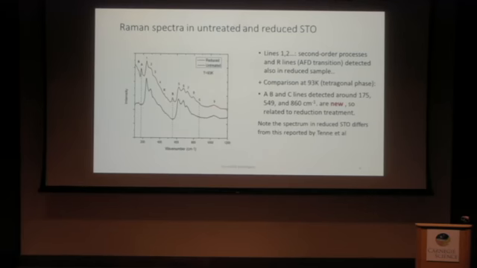So we observe the same peaks in both samples, but additionally for the reduced sample, we see new lines noted A, B, and C. We can point out that our spectrum is completely different from that reported by Tene and co-workers 10 years ago.